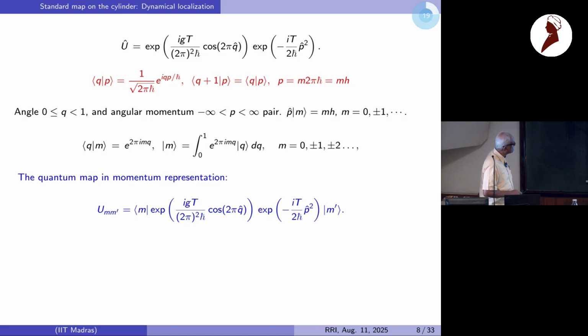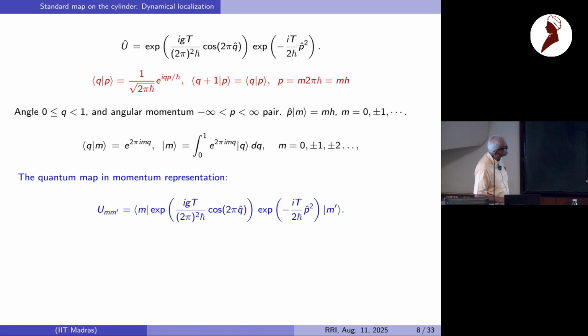So now we can take this operator and express it in momentum representation. This is convenient because the momenta are integers at least. So we can have a matrix which has discrete indices rather than an integral operator. So we can write a matrix U_mn. We take this operator and sandwich it between momentum states m and m prime.